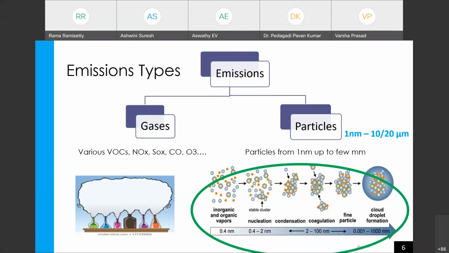But bigger particles, more than 5 microns, can easily settle down due to gravity. So we are always interested in the particle number, size, or mass from 1 nanometer up to 10 microns. In general, we always look at PM 2.5 and PM 10. That means particles around 2.5 microns and particles around 10 microns.